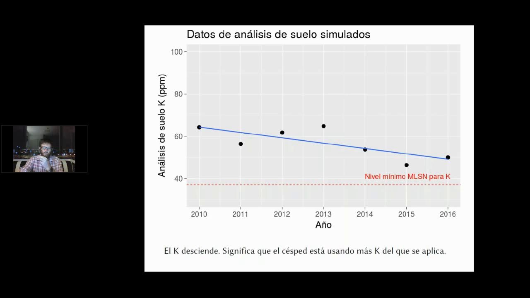And because of that, if you soil test every year, you can be a little bit off as long as you're above the MLSN guidelines or above some kind of safe guideline. You can be a little bit off in your calculation of A, the amount that the grass will use, and you quickly correct it when you check your soil test because you'll see if you're going up or you're going down.